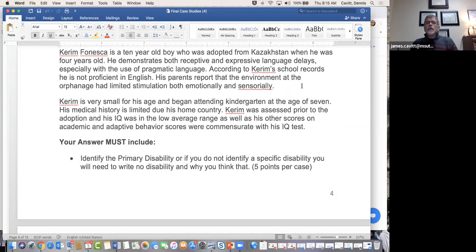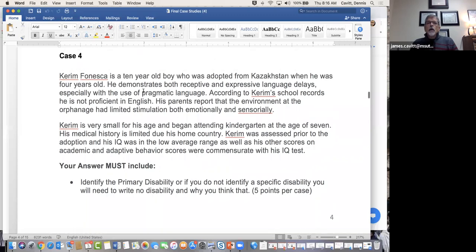He has had limited environmental stimulation, and he's small for his age. Basically, it's failure to thrive stuff. But this is one where we would say this student does not have a disability, a primary or a secondary disability.